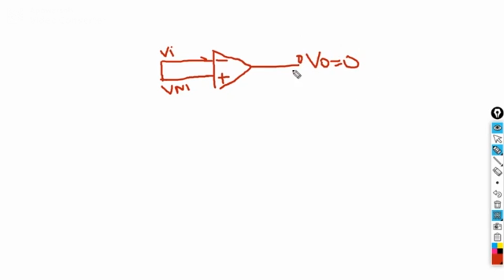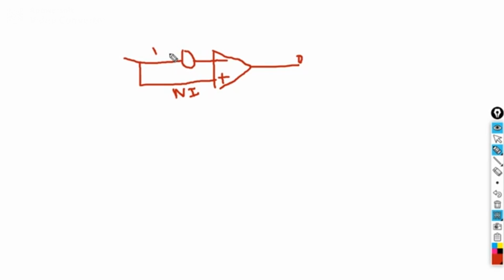So in order to correct that voltage, I will add a correction voltage source at the input. This is non-inverting and this is inverting.